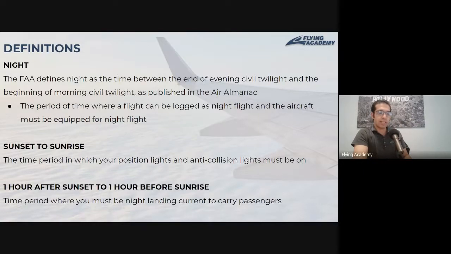You asked me this question yesterday, I believe, about night. Night is typically the end of evening civil twilight and the beginning of morning civil twilight. That section of the day is called night. And between sunset and sunrise, you should always have your anti-collision lights and position lights on. If they ask you how night is defined by the FAA: end of evening civil twilight, beginning of morning civil twilight.